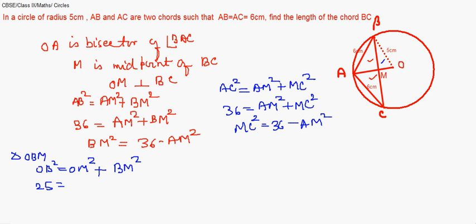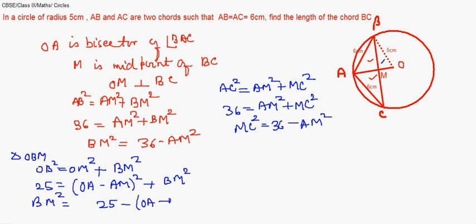OM can be substituted as OA minus AM, whole square, plus BM square. From here also we are getting one equation for BM square. So BM square is equal to 25 minus the whole of OA minus AM whole square.